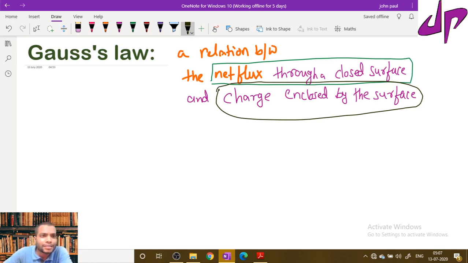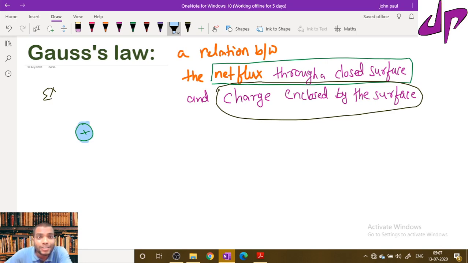Now consider an example. Consider you have a positive charge. So this is a positive charge. Now you'd like to find the electric flux through this positive charge.